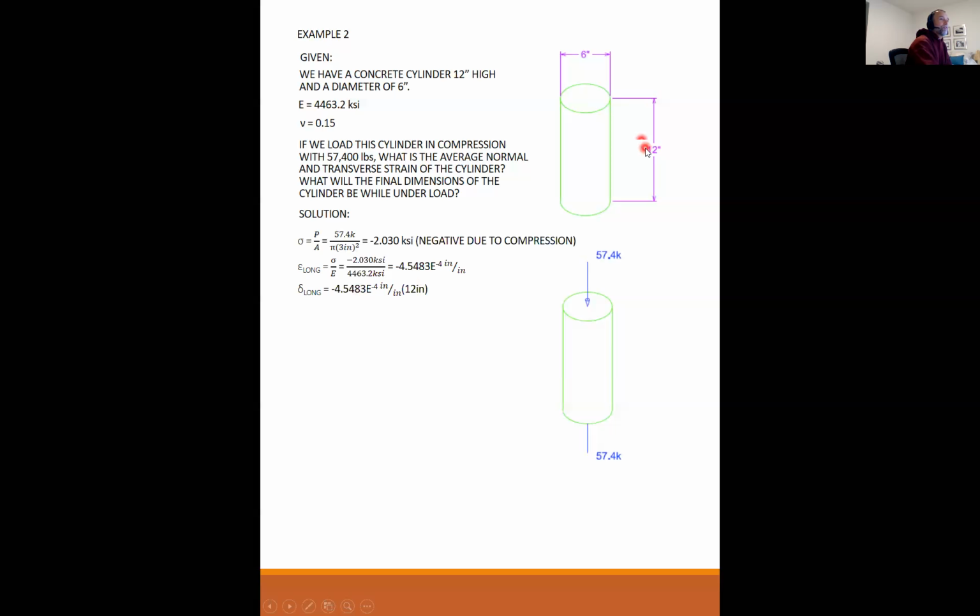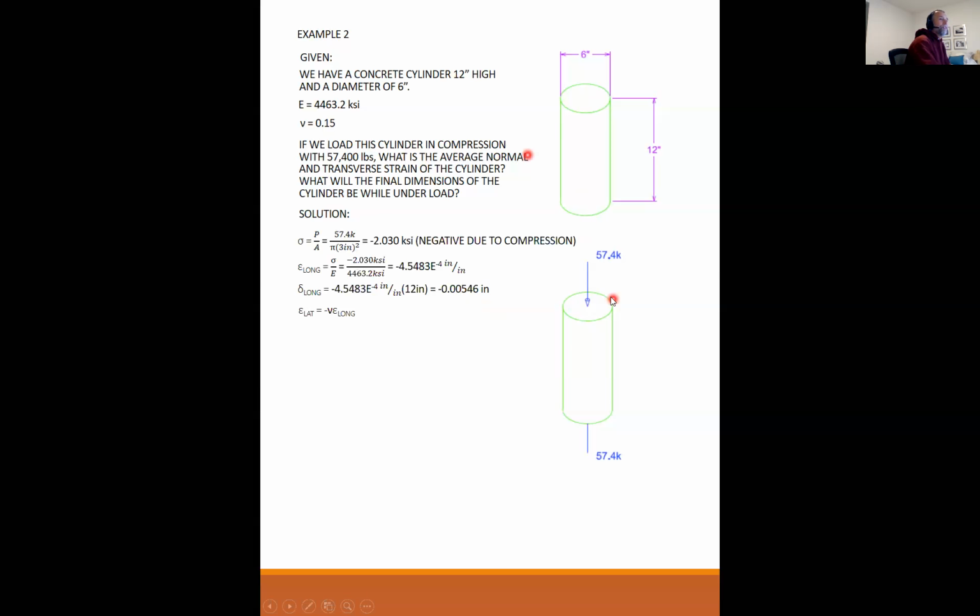My original length is 12 inches. And so my deformation is minus 0.0546 inches. Okay. I don't know if you guys can see me on the screen, but that is about, yeah, no way. That's about a human hair, maybe. It's not a lot. Very difficult to measure that much. But that is at 57 kips, how far this cylinder shrinks.